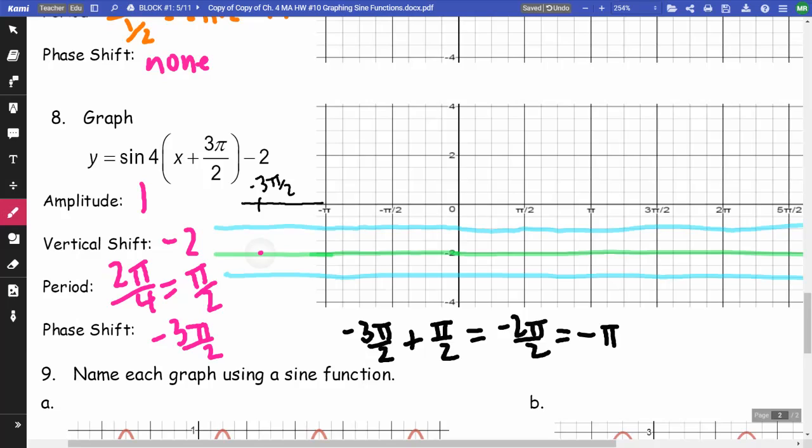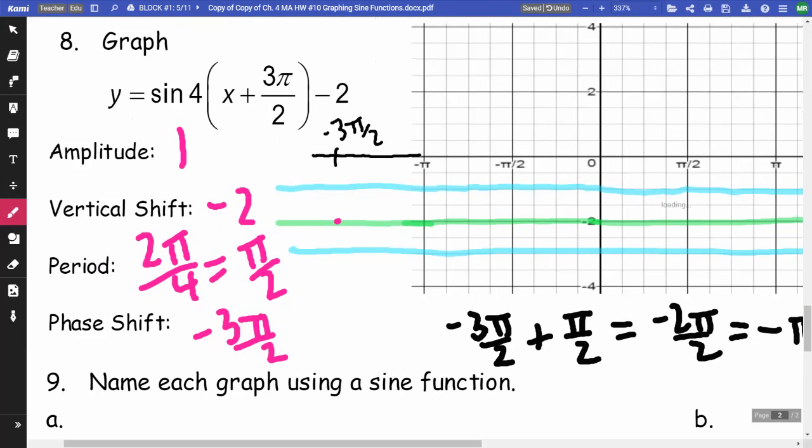So let's say here, I'm going to be ending at -pi. So I'm going to zoom in a little bit, which is here. Halfway in between is my 0. Halfway in between that is going to be my 1 and my -1. And there's my graph.